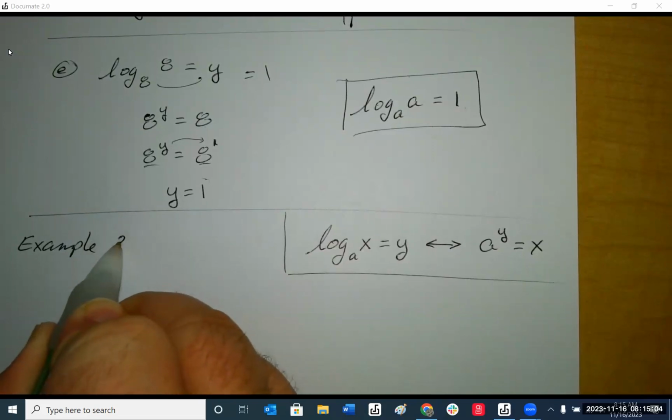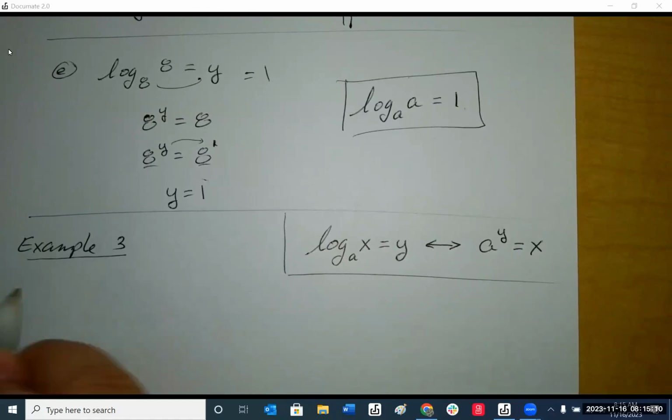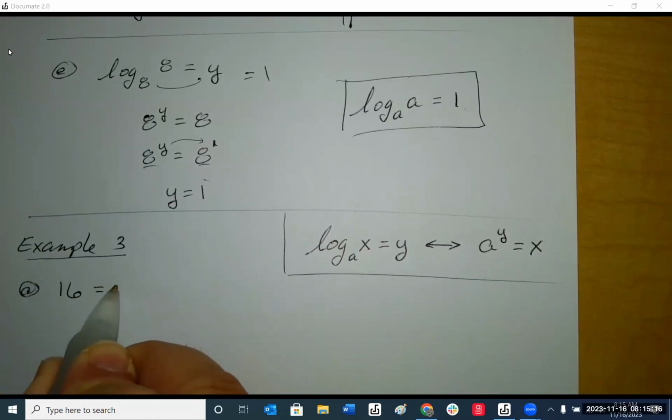Example 3 asks us to convert. So the first one, it has 16 equals 2 to the x. We'll convert that to logarithmic equations.